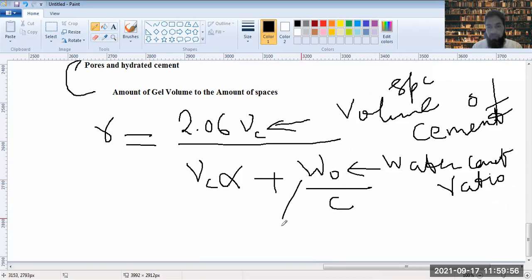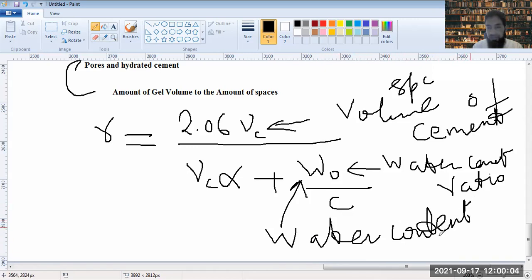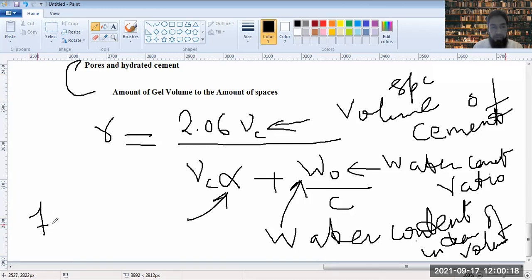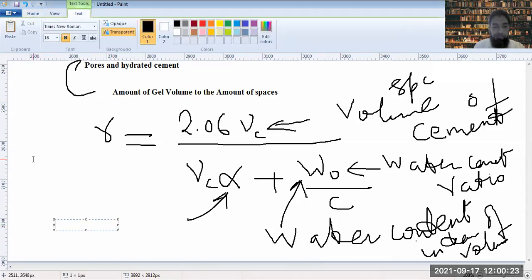W0 is the water content in terms of volume. Alpha is the fraction of cement that has been hydrated.